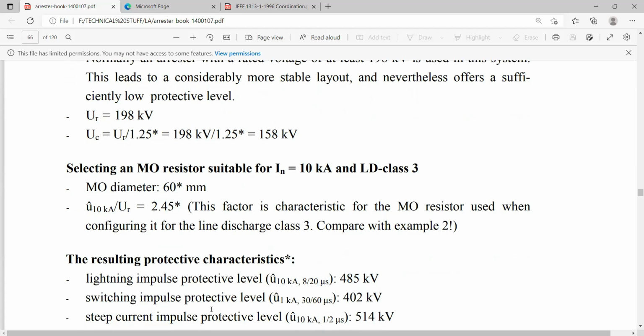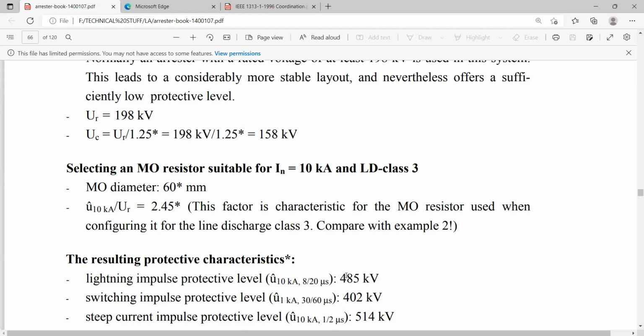Please remember the switching impulse protection level at 1 kA of current. A 1 kA switching impulse residual voltage is nearly equivalent to 75 to 90% of the 10 kA lightning current impulse residual voltage.